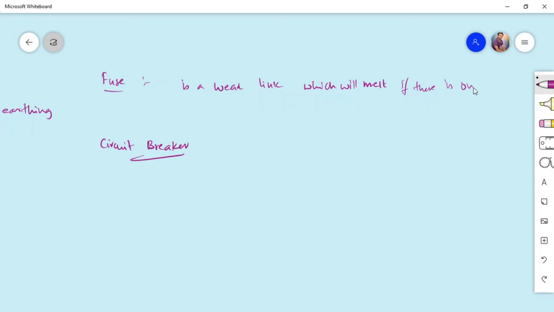A circuit breaker trips the circuit if it senses overcurrent or voltage. Fuse is a very old concept, but you can still see it in some equipment, laboratory equipment especially. The link will melt down, preventing the power supply. But it has to be replaced.